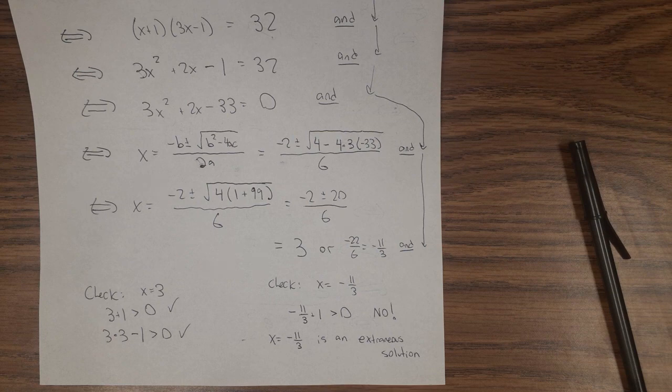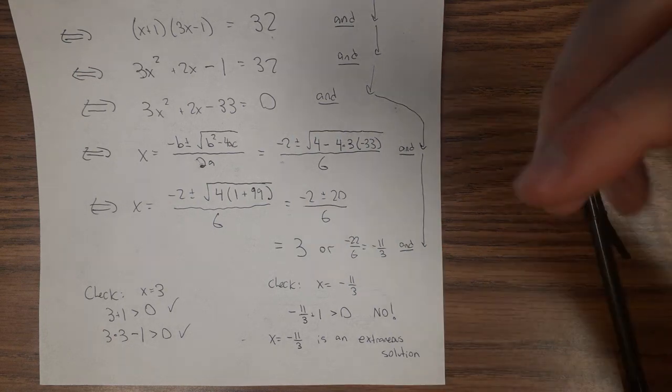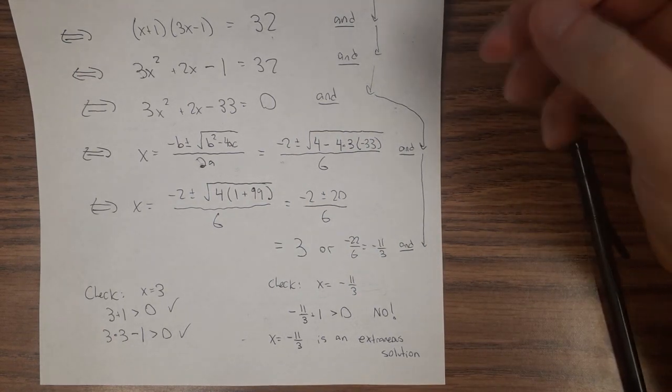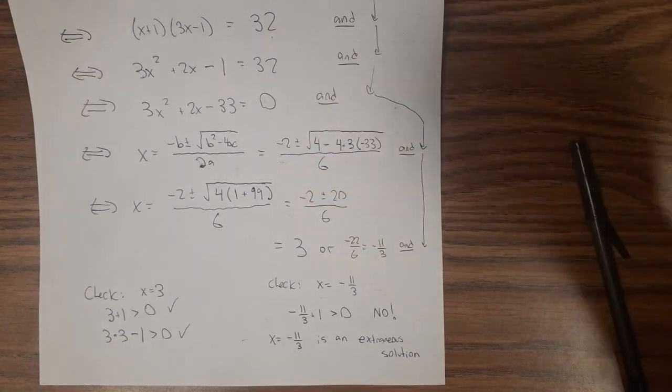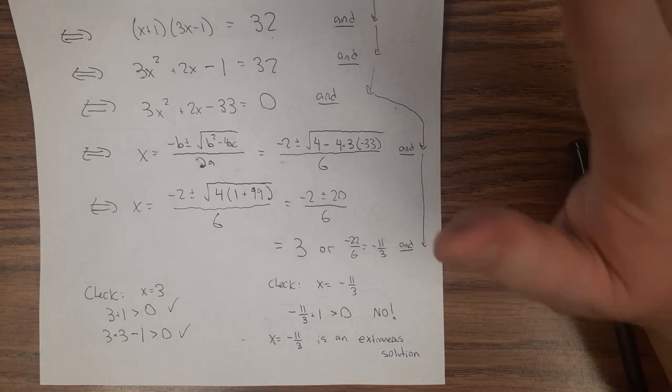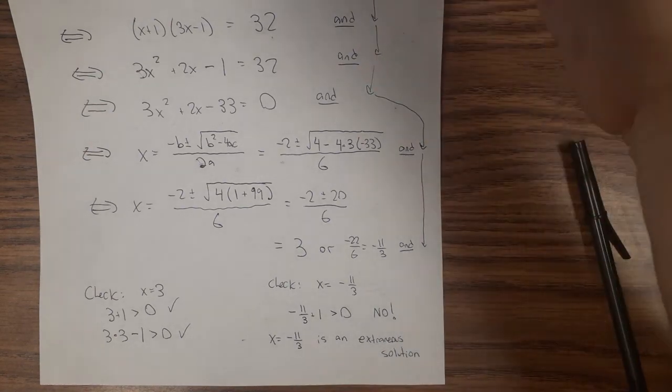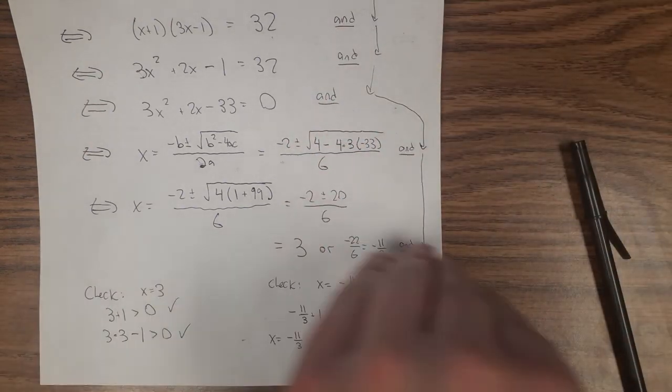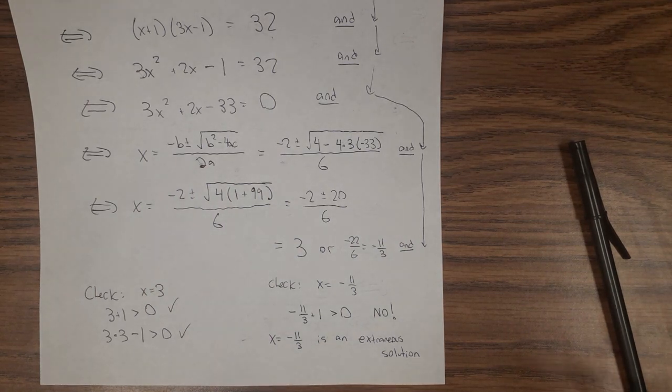It's not an actual solution. It's a number that arises from the procedure and persists until the very end when you check that it satisfies something, and then it turns out that it doesn't.